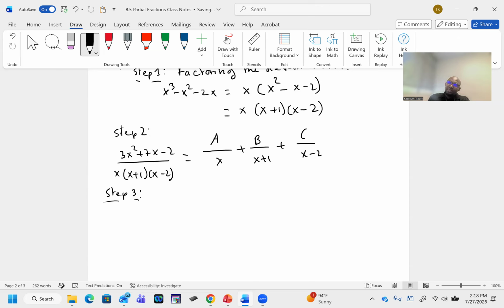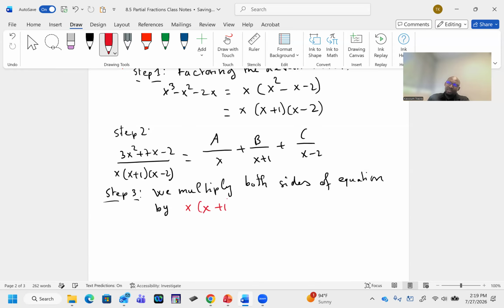We multiply both sides of the equation obtained in step 2 by the denominator of the function, which was what? x times x plus 1 times x minus 2.